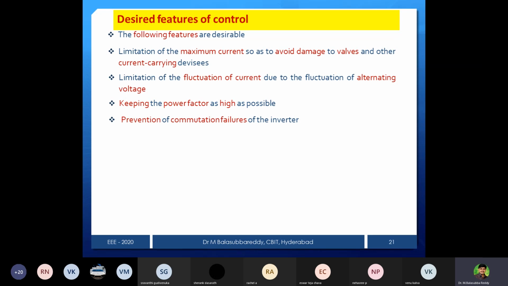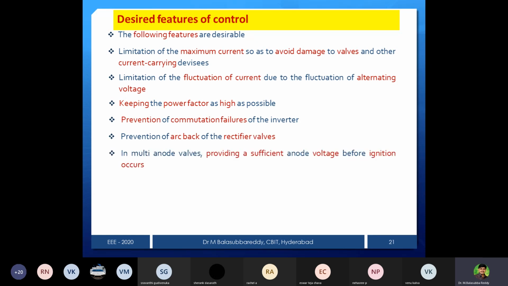So these are some of the desired features of a controller. Still some more: there is the prevention of arc back of the rectifier valves. This is one of the faults, arc through, arc back, all these things, which will come under the next unit. Anyhow, we also need to prevent this in the rectifier station. In multi-anode valves, because valves are not only one valve, they may have different configurations.